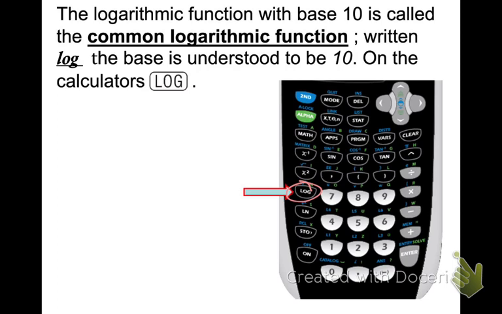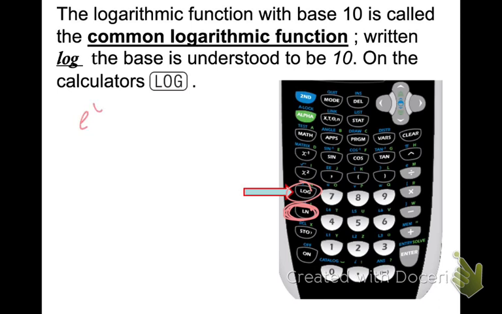It is called the common log because we count in base what? 10. This log right here is called the natural log. What was the natural exponential function? What was the base? Natural things come from the earth, and earth starts with e.